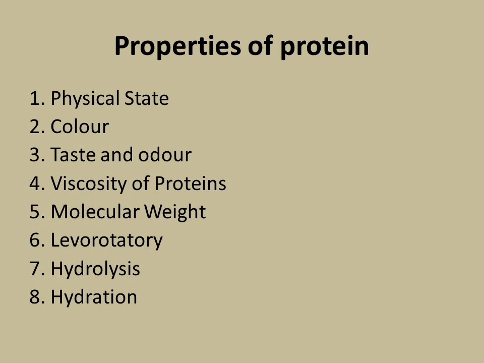Levorotatory. All the proteins are levorotatory. This property is due to the presence of alpha amino acids, which are the building blocks of proteins. Hydrolysis. Peptides and proteins undergo hydrolysis by means of dilute hydrochloric acid or sulfuric acid, alkali or enzymes into their constituent amino acids. Hydration.